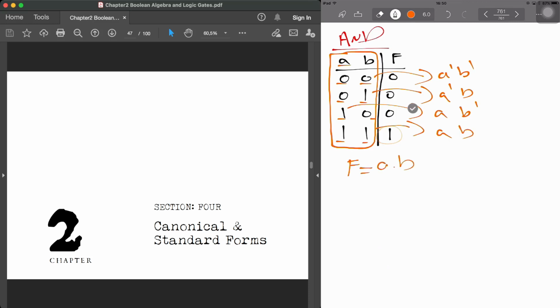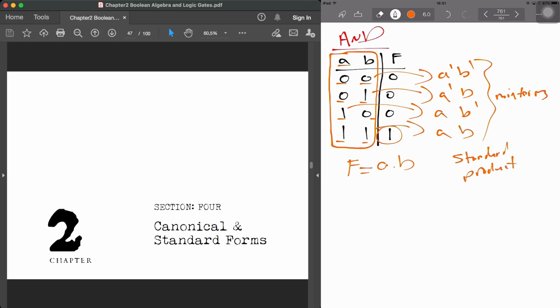So this is how we can represent an AND function or any type of AND expressions, which are product expressions. Each of these four AND terms represents what we call minterms, or standard products.